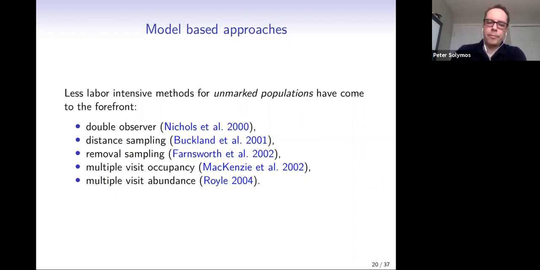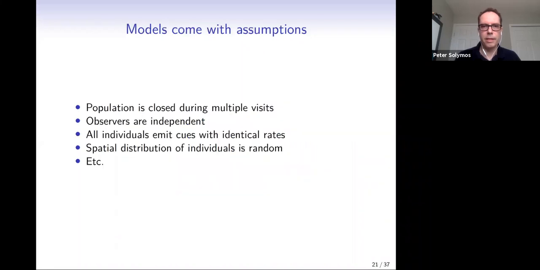A couple of papers linked here, but there are many more. And what we are going to focus on during these 4 days is removal sampling and distance sampling. So these models have come to the forefront lately, in the early 2000s. And since then, it is really hard to publish a paper without some kind of consideration of detection error.